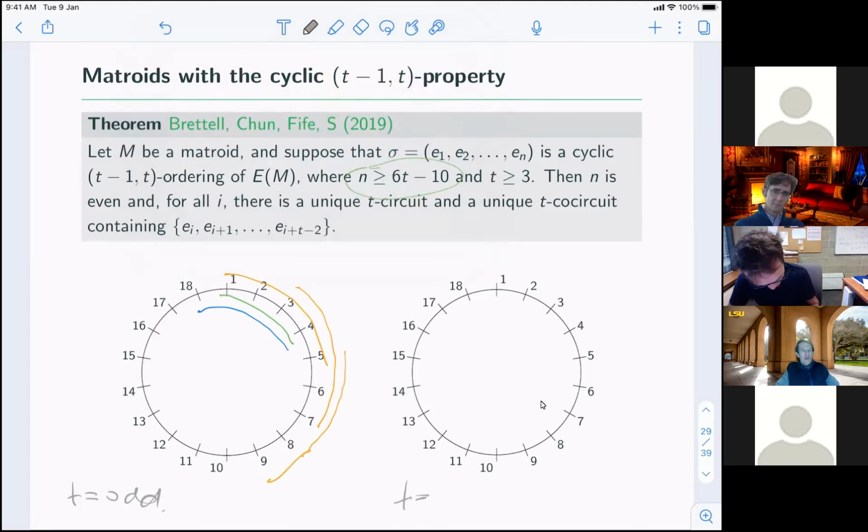If T is even, think about swirls and spikes. Remember, the circuits and the co-circuits coincided. So if T is even, there's my consecutive 5. So this could be a 5-6 ordering.